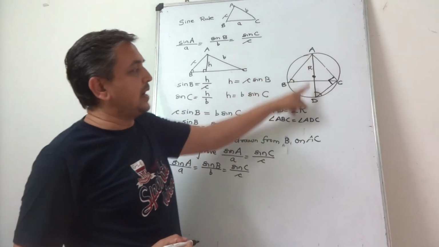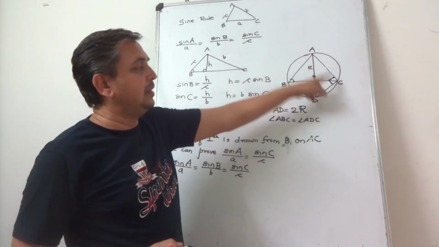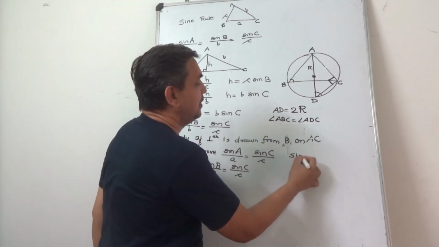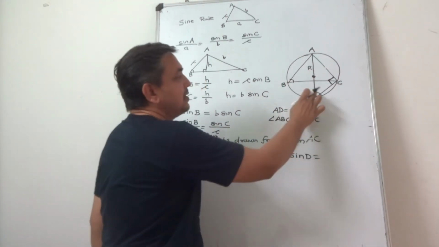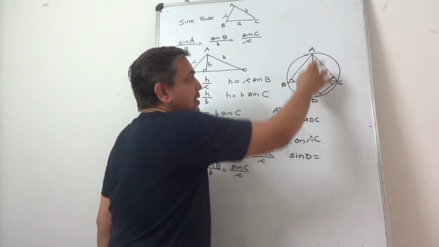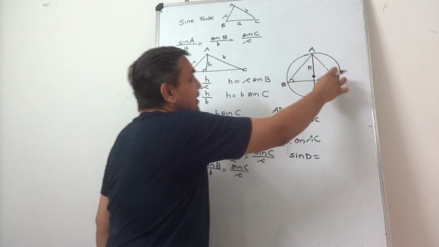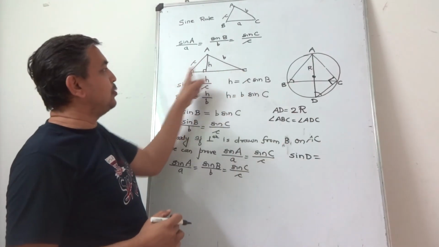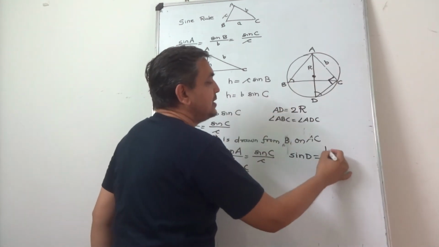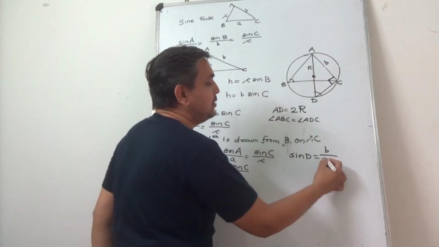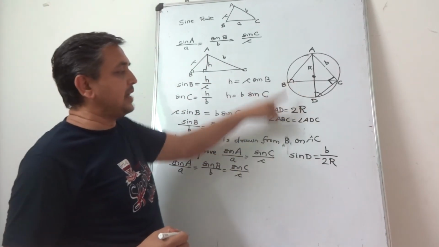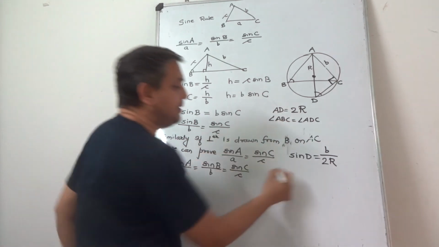Now from this right angle triangle ADC, we can find sin D. Sin D is opposite side upon hypotenuse. Now what is this opposite side? AC. But we have seen AC, the side opposite to angle B, can be denoted by small b. So we write opposite side upon hypotenuse, which is 2R. But angle D is same as angle B, ADC is same as ABC.